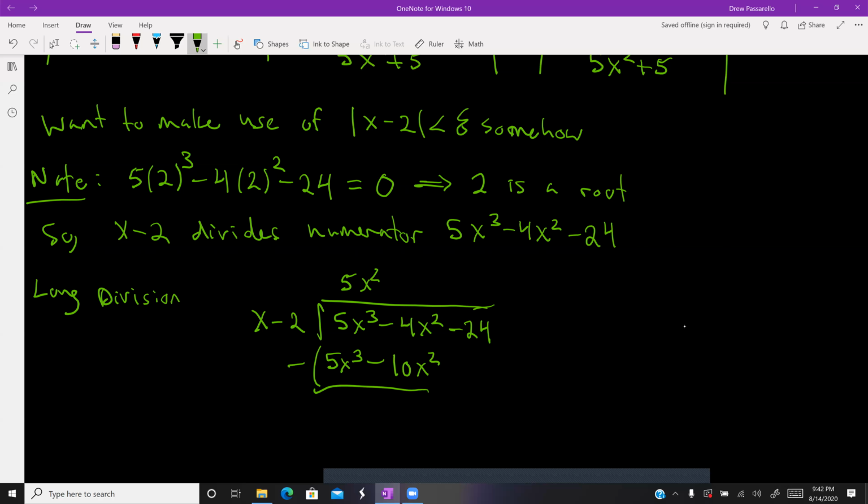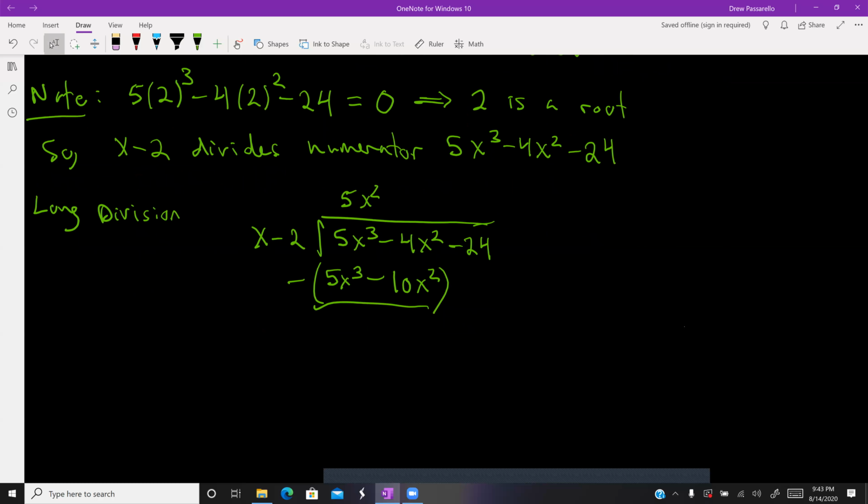Then we subtract all of that, which gives us 6x squared. Then I'll drop down the next term; technically you could say that's plus 0x. Then 6x squared divided by x is 6x.